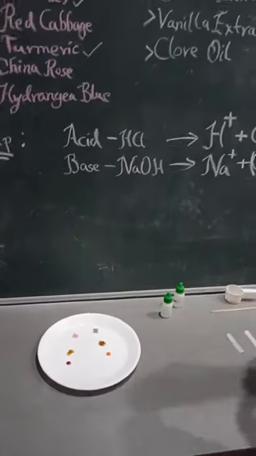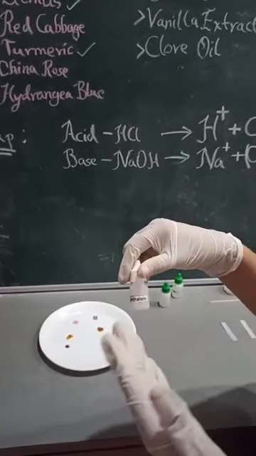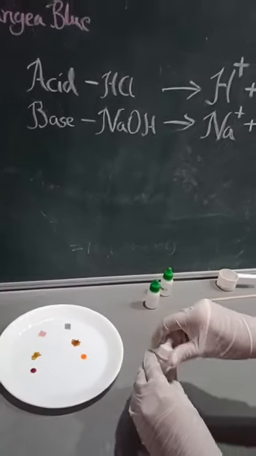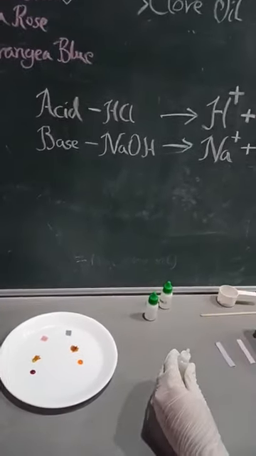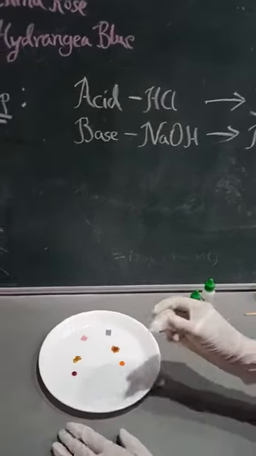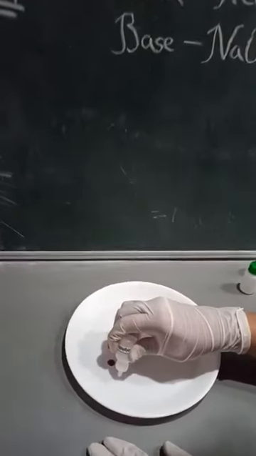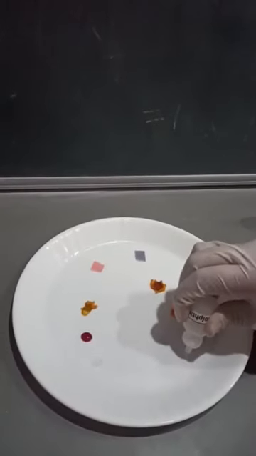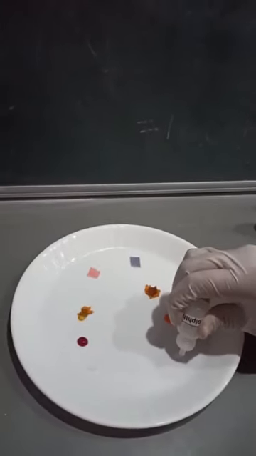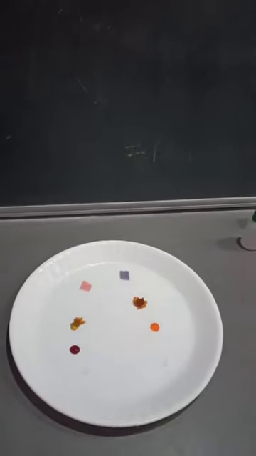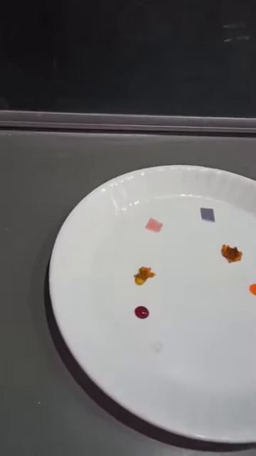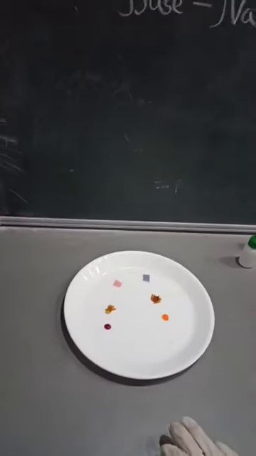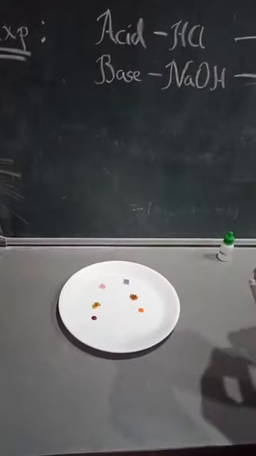Now I will take phenolphthalein, and you may know it's a very hard name to spell, so sorry if I make any mistakes. As you can see, it is colorless right now in its original state.